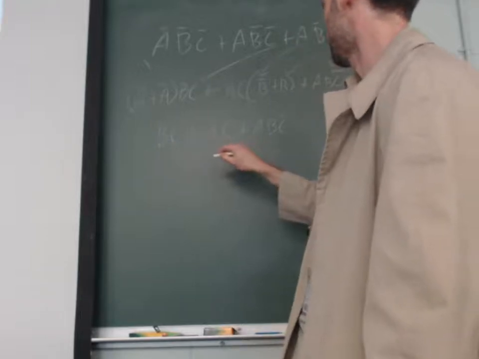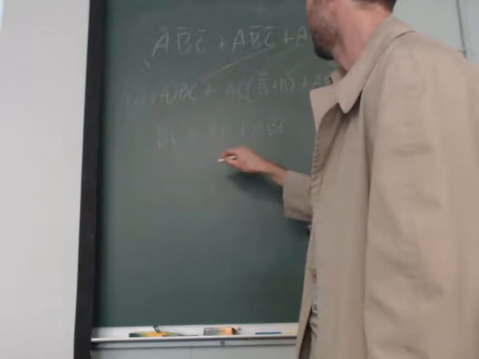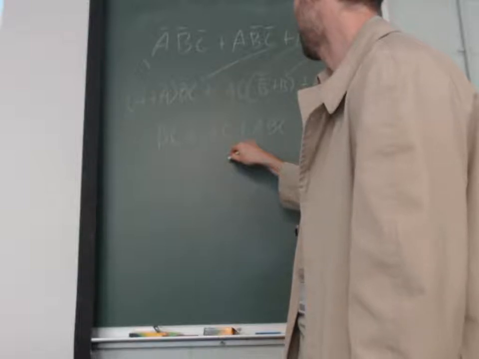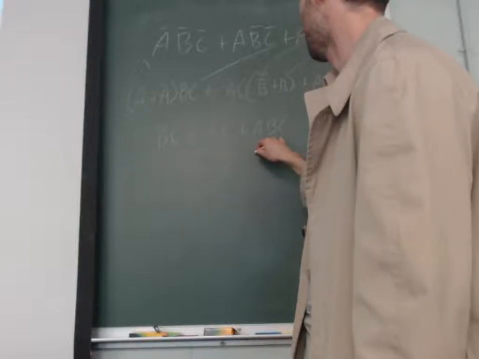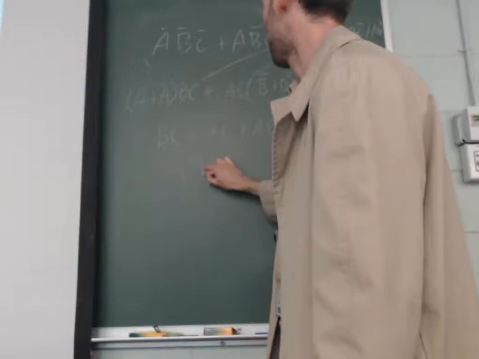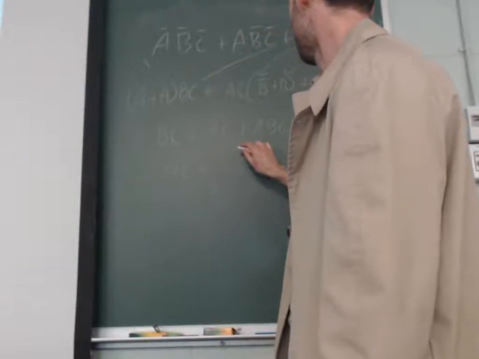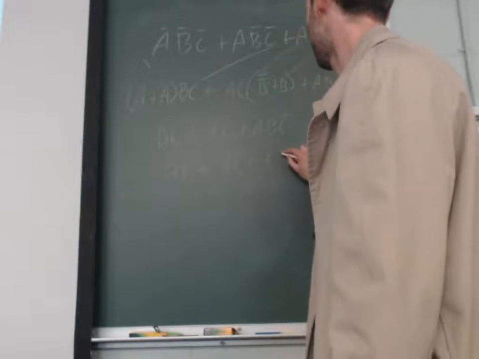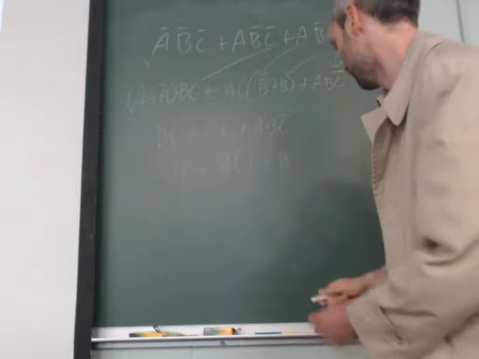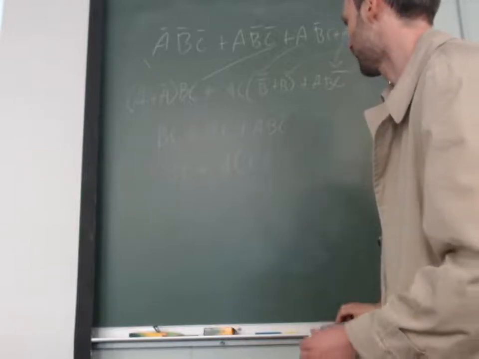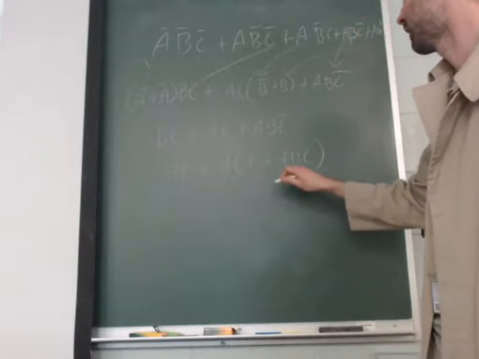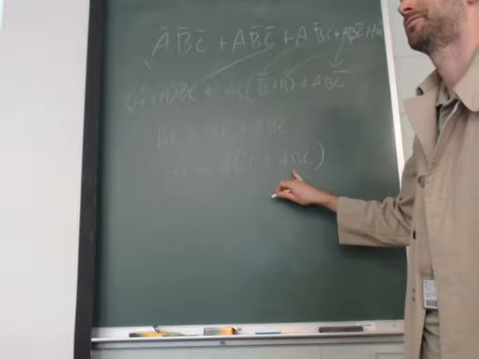Can we do the same trick again? No, we can't. We can take a C out of that, but that's not going to help us. We can take A out of here, that's not going to help us, but we can take the C naught out of that. What was the theorem?